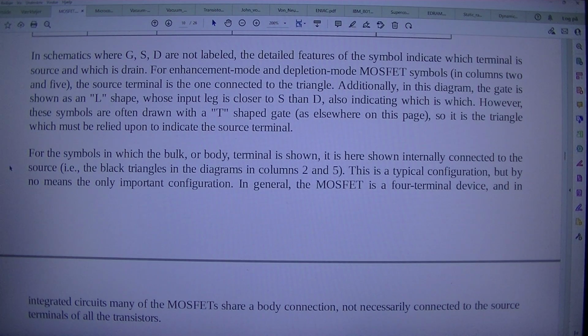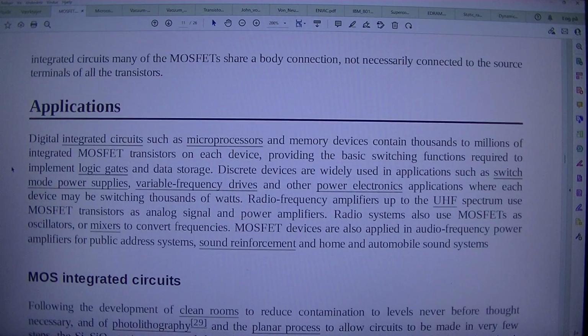This is a typical configuration, but by no means the only important configuration. In general, the MOSFET is a 4-terminal device, and in integrated circuits many of the MOSFETs share a body connection, not necessarily connected to the source terminals of all the transistors.